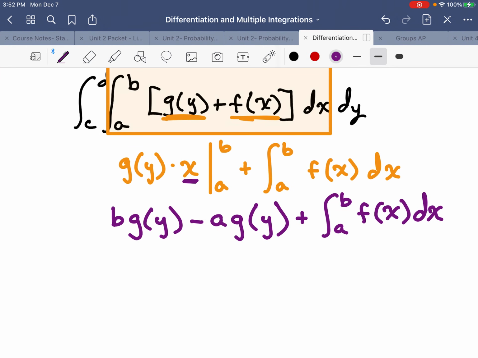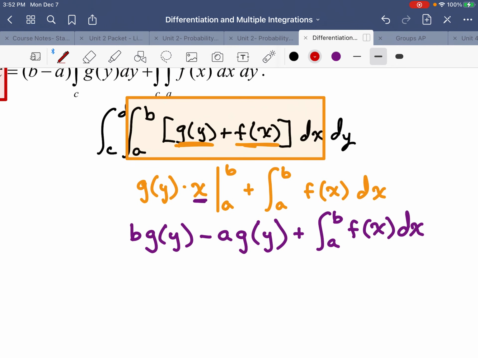I messed up the color scheme, so I'm just going to go with what feels right. I'm going to factor out a g of y, so it becomes b minus a times g of y.